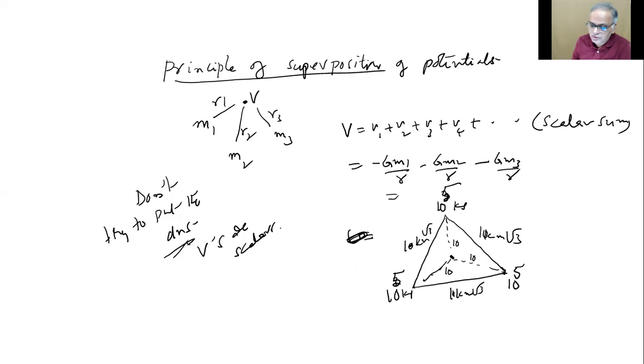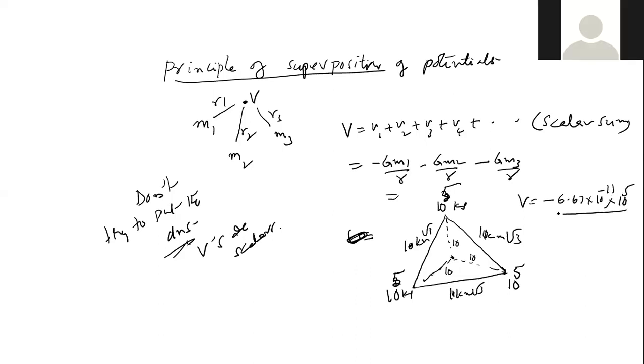And if it's not there, no issue at all. So what do I do now? V equals minus G, 6.67 into 10 to the power minus 11, into mass 10 to the power 5, by 10 kilometers, that is 10 to the power 4 meters.